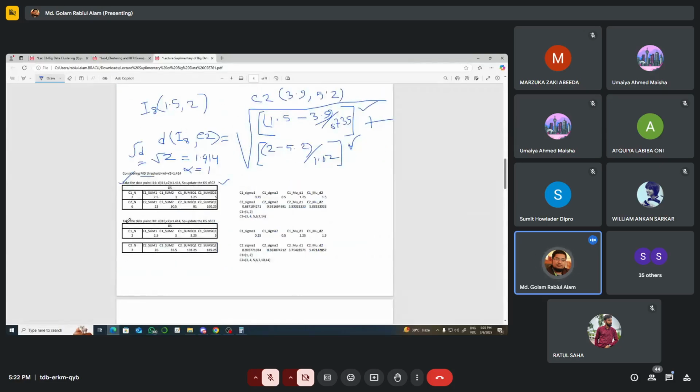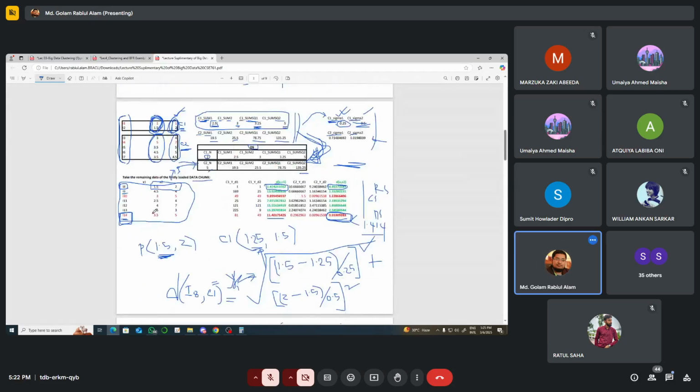So we can see here C2. Now if we add this I14 in C2, the number of elements will increase to 6. Previously it was 5. Now the number of elements is 6, and we have to add the values also. For the I14, we can see the x1 is 3.5 and x2 is 5.